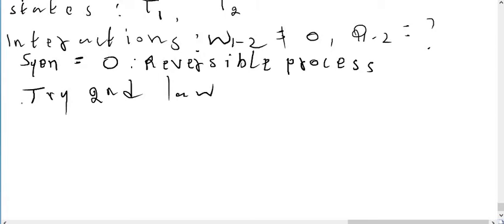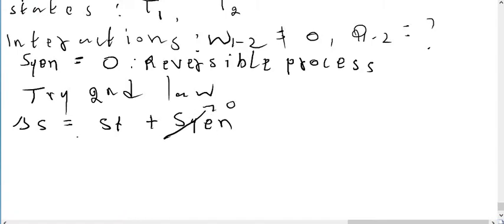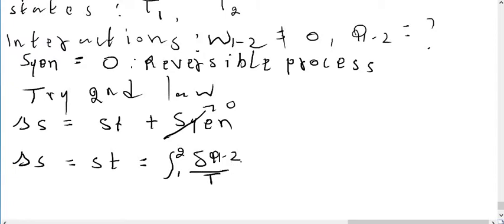Change in entropy is equal to the entropy transfer plus the entropy generation. This entropy generation is 0. So change in entropy is equal to the entropy transfer, which is equal to the integral from 1 to 2 of dQ over the constant temperature.